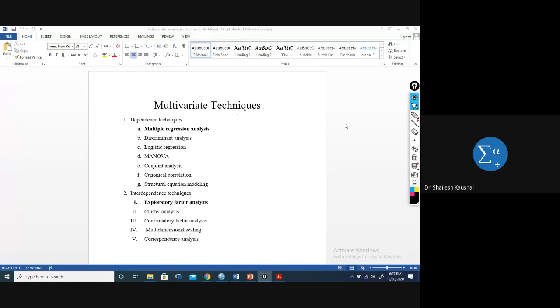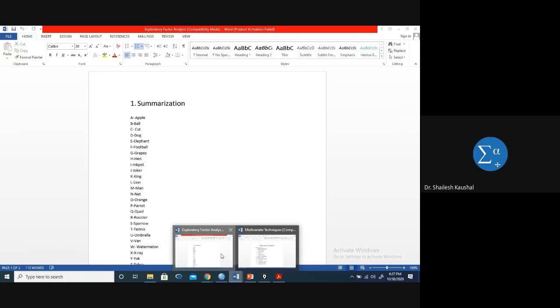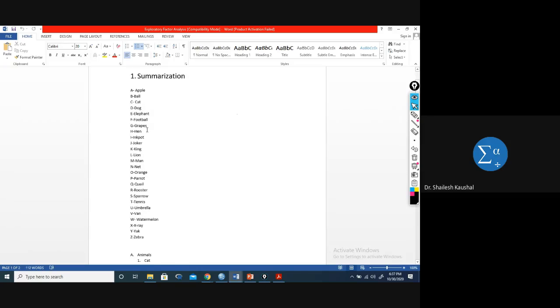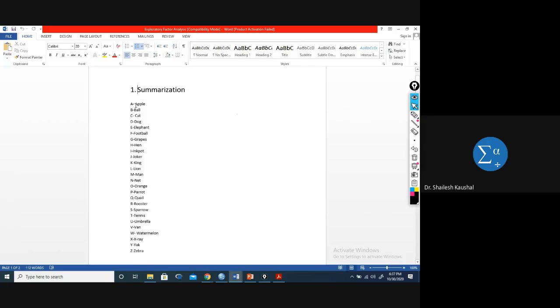Okay, now for a novice researcher or a new research scholar, as a layman I am explaining exploratory factor analysis. Like here we can see A for apple.